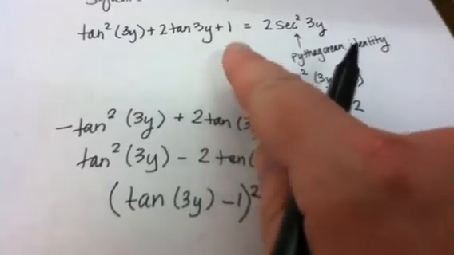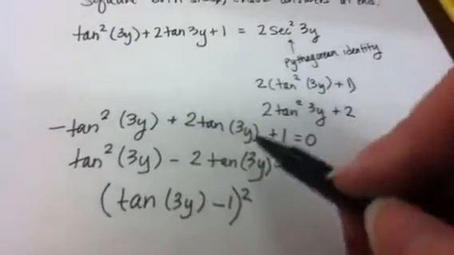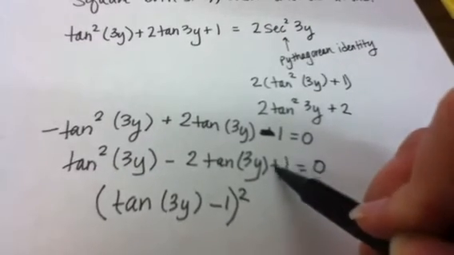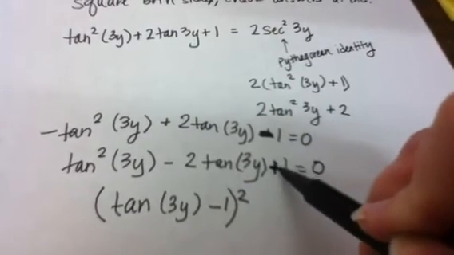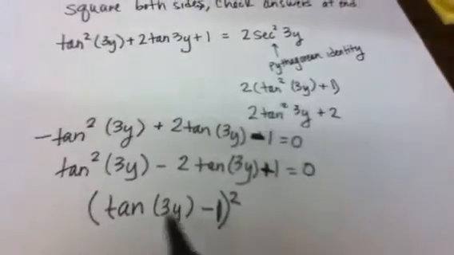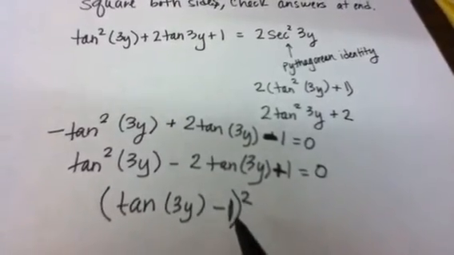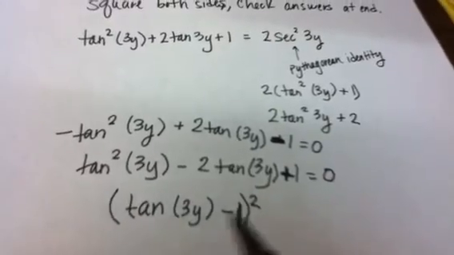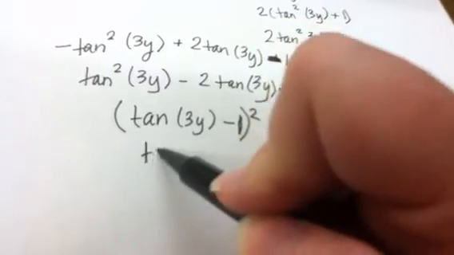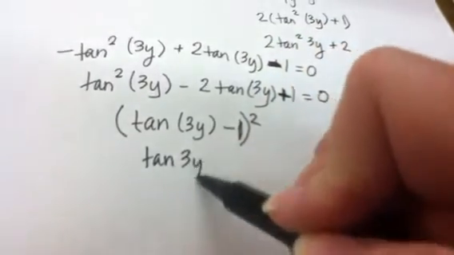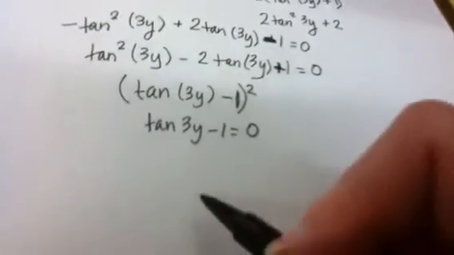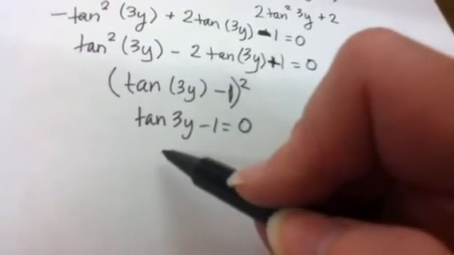So we can take the 1 minus the 2, gives us actually a negative 1 here, which makes this one a positive 1, which makes this a perfect square trinomial, and therefore it becomes a binomial squared. Okay, so since that's a repeated factor, we only have to solve it once. So we just take our tangent 3y minus 1 equals 0. We're just setting our factors equal to 0. They're both the same, so we're going to get the same result, so we don't need to do it twice.